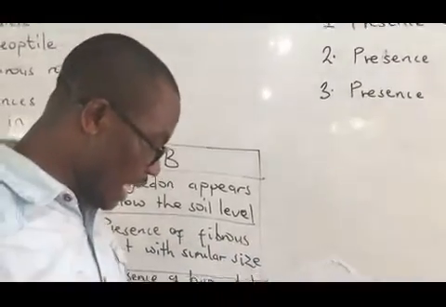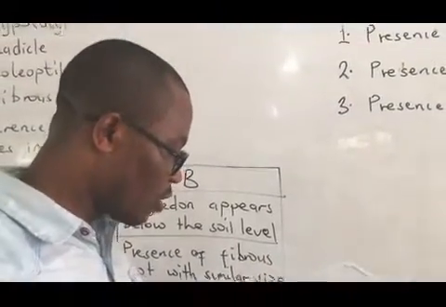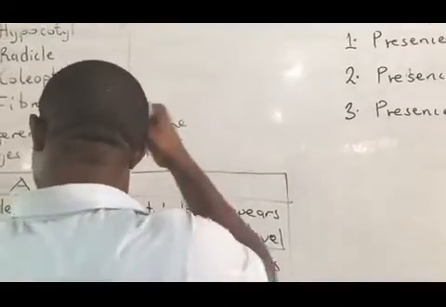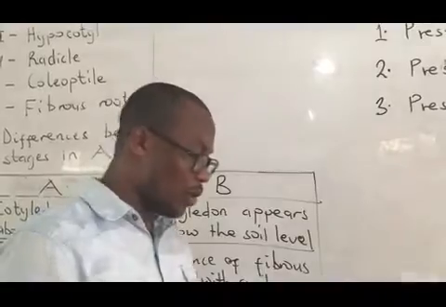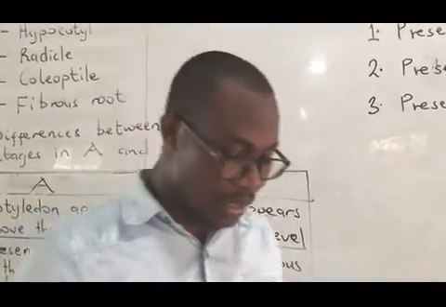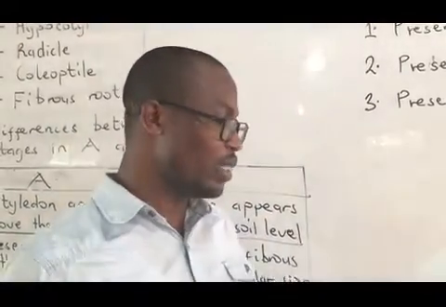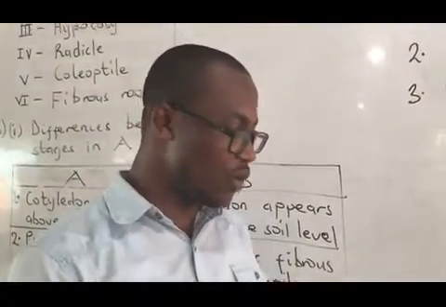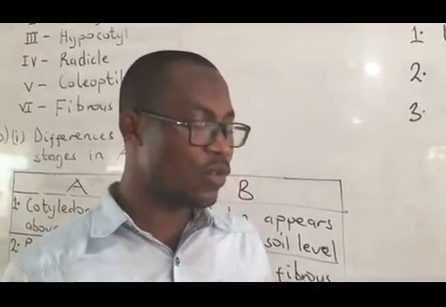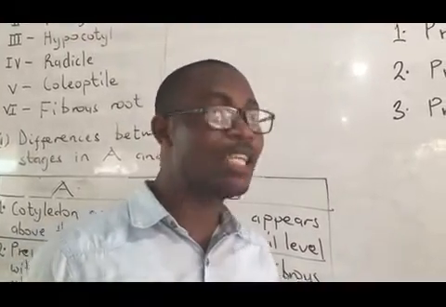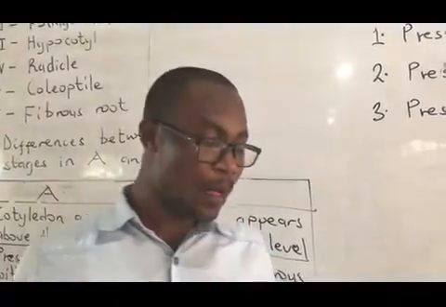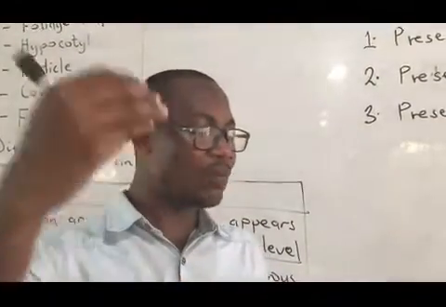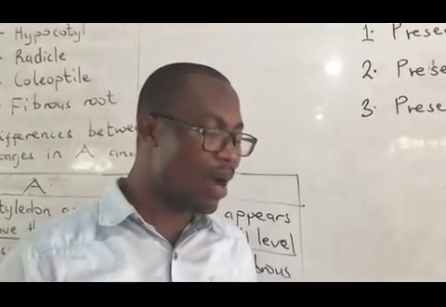Question C says, name the type of germination illustrated by each of the stages in A and B. So, as I said in the beginning, we have two types of germination. One type is demonstrated in A, and the other type is demonstrated in B. How do you distinguish between the types of germination? We have a germination in which the cotyledon appears above the soil level or above the ground.